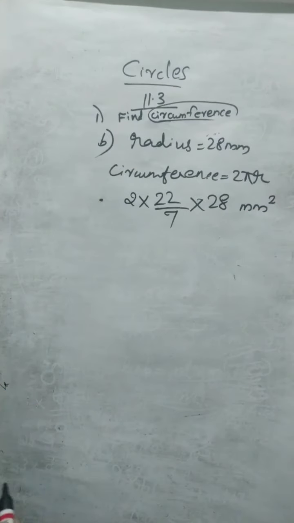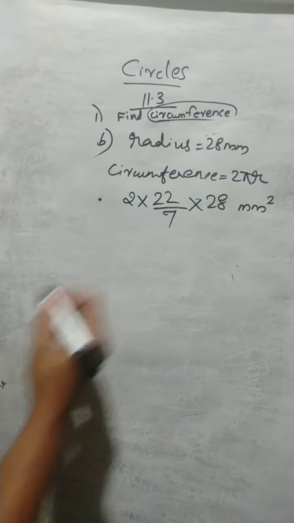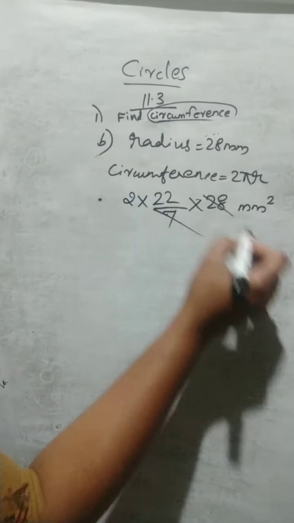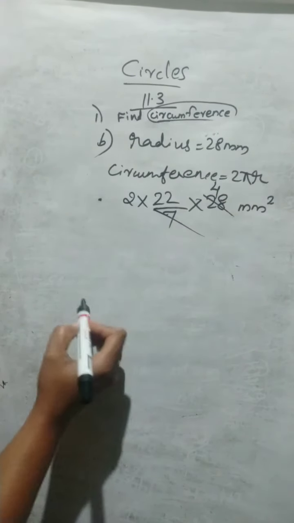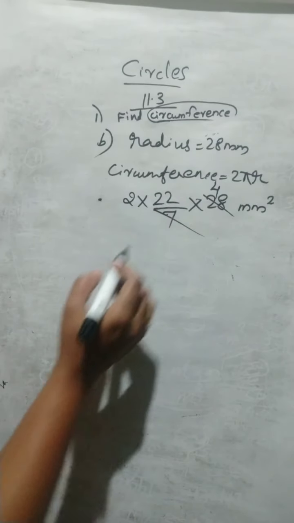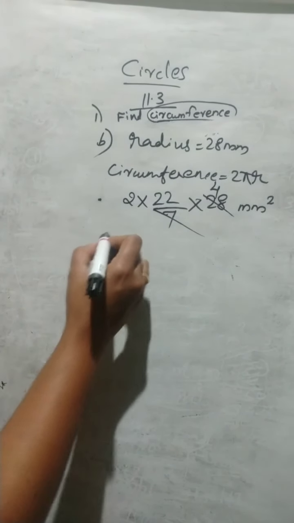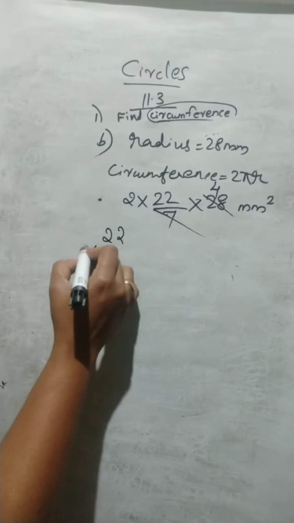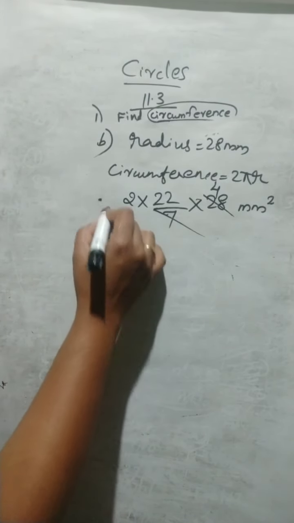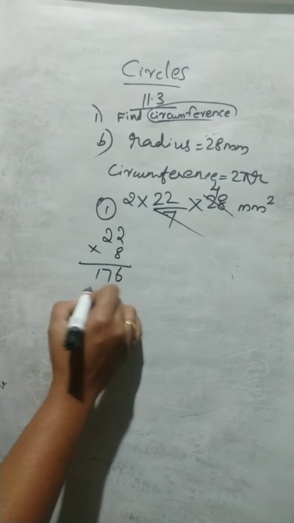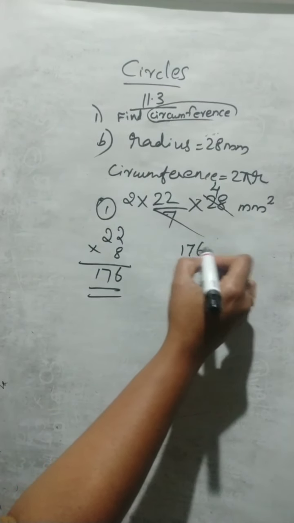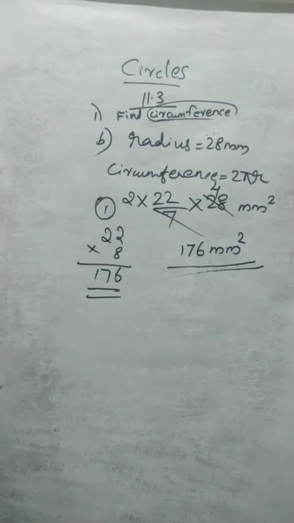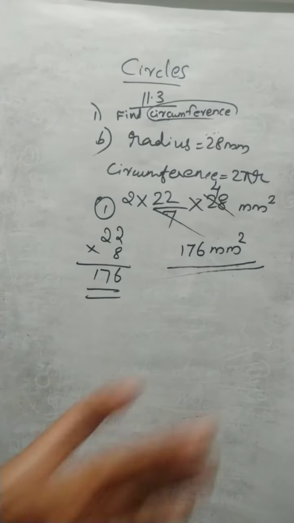Clear? Then the 7 and 28, 4. Then 22 times 8. 2 times 4 is equal to 8. Then 22 times 8. 2 8s are 16. 1 will be there. Then 16, 7. So 176 is the answer. 176 square millimeter is the answer.